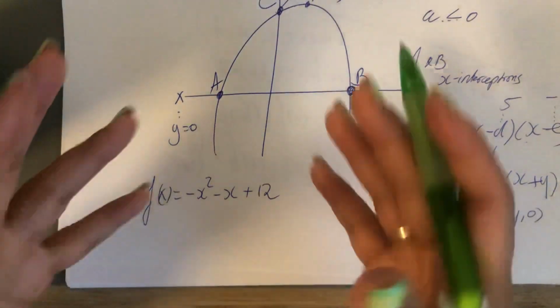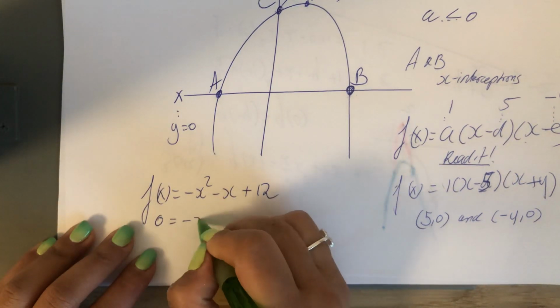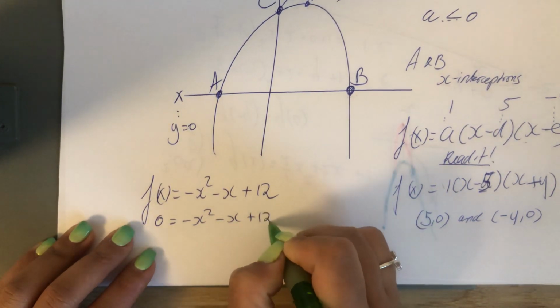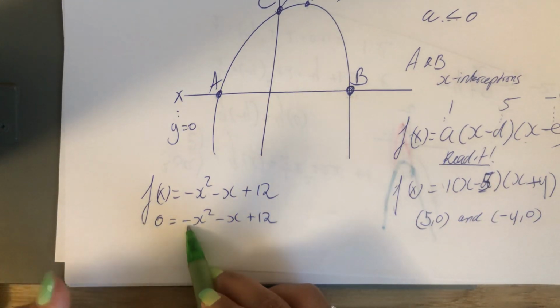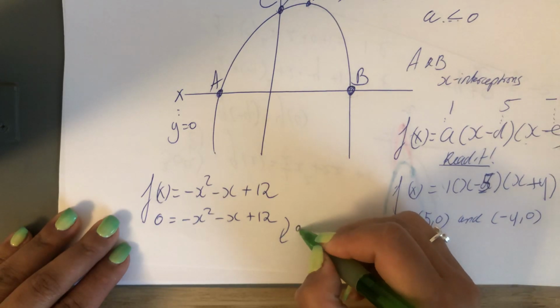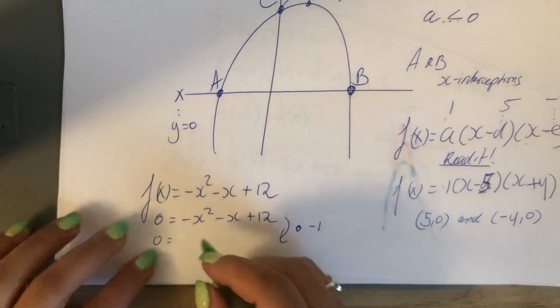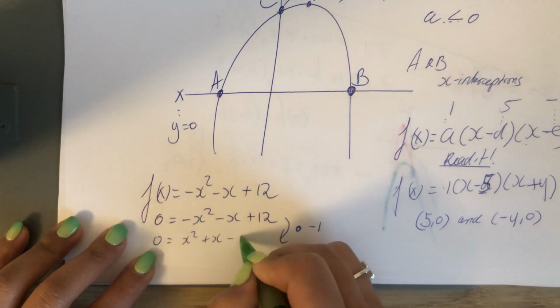So we get an equation, 0 equals minus x squared minus x plus 12. This negative here is bothering us. Since we are solving, we can multiply times minus 1. We get 0 times minus 1 is 0, x squared plus x minus 12.